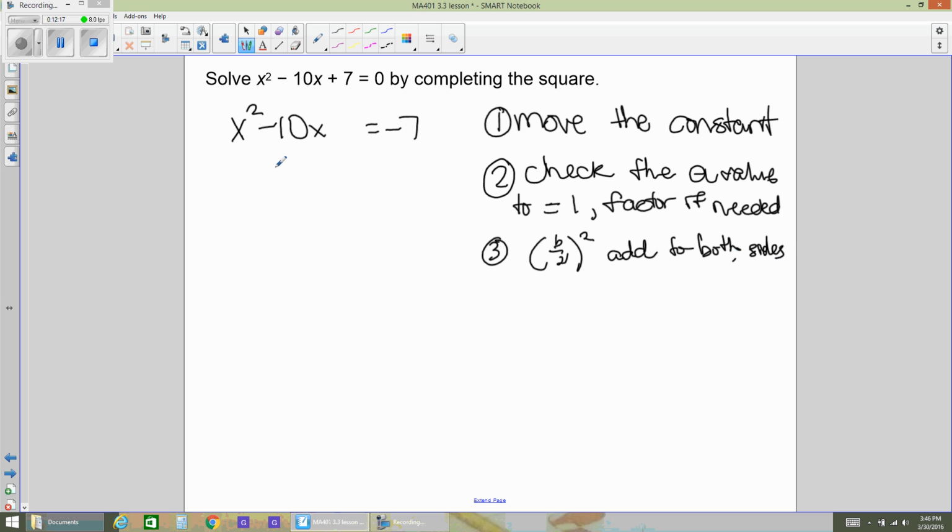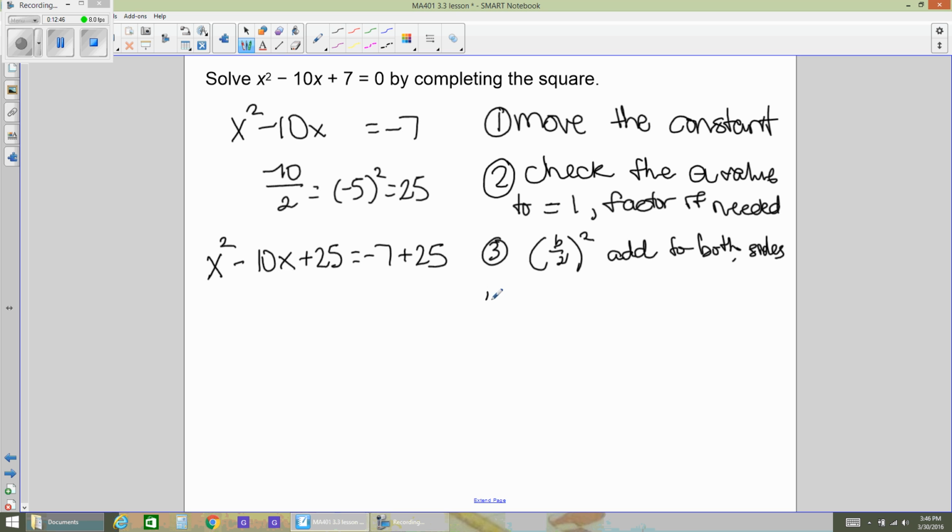Okay, so b is negative 10, half of that is negative 5. When we square negative 5, we get 25. So I have x squared minus 10x plus 25 equals negative 7 plus 25.